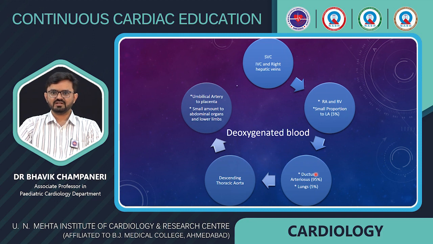From right ventricle, 95% of the blood volume through ductus arteriosus enters into descending thoracic aorta, and only 5 to 7% of volume enters into lungs, because the lung resistance is so high it does not accept any blood. From descending thoracic aorta through umbilical artery it is supplied again back to placenta, and very minimal amount is supplied to abdominal organs and lower limbs.